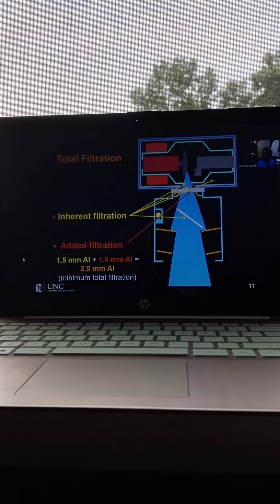So remember I said the standard material to compare filtration to is aluminum.